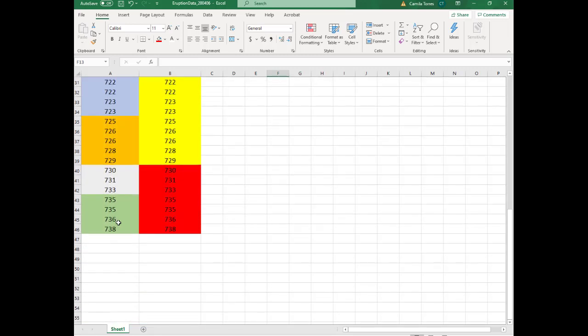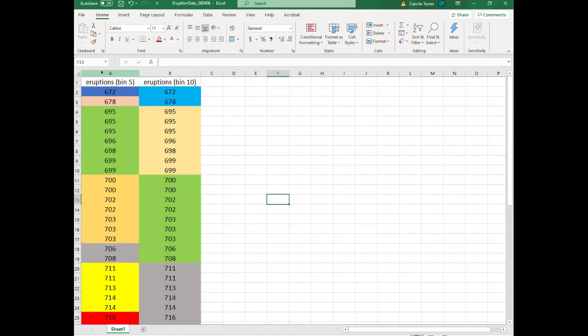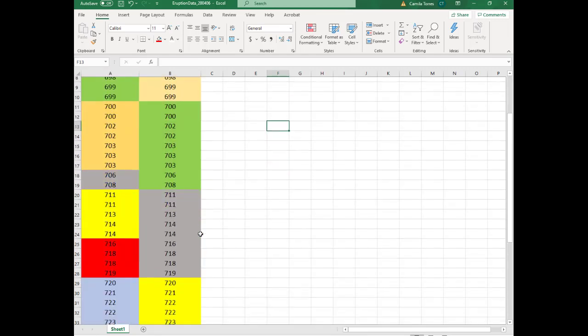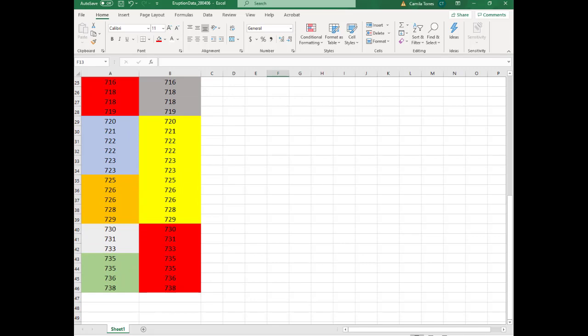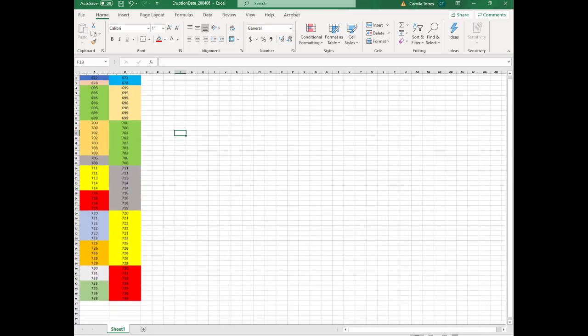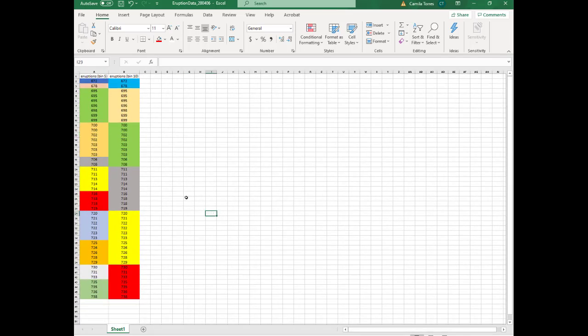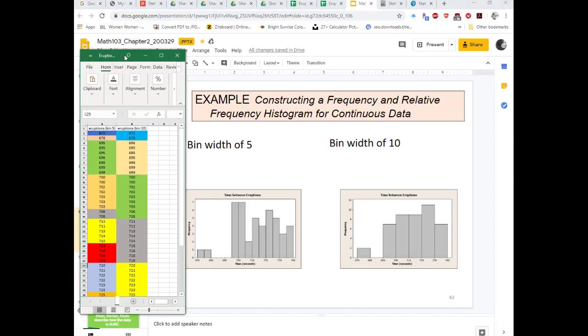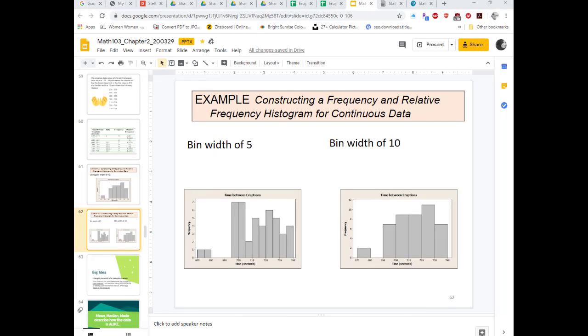I have so many more colors here in this column than I do here when my bin width was 10. I don't have as many. And if I make this maybe a little bit smaller, that will become much more apparent. Here I have many more colors, here I just have these. Okay, so really the size of the bin will affect what the histogram looks like.